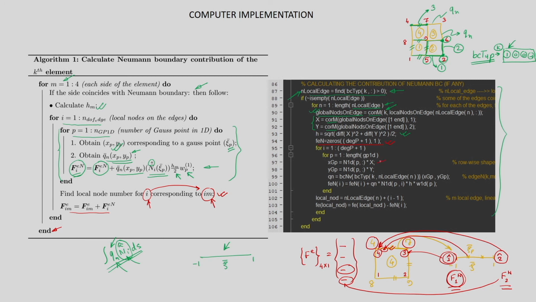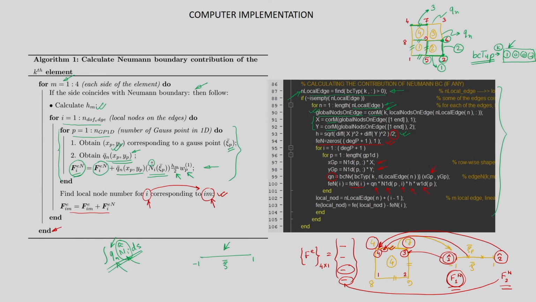Then for each Gauss point xp and yp, we calculated the Qn at the given Gauss point. Then we added to Feni, Qn at p, Ni at p, and then h by 2. So this is already taken care, here we have divided by 2, and then the corresponding weight W at p.